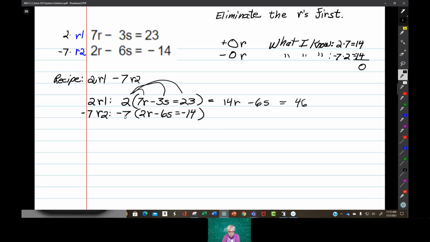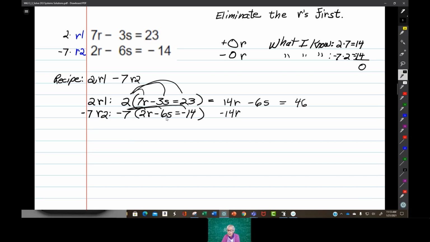And negative 7 times 2R, negative 7 times minus 6S, negative 7 times negative 14. All right, negative 7 times 2R is negative 14R.